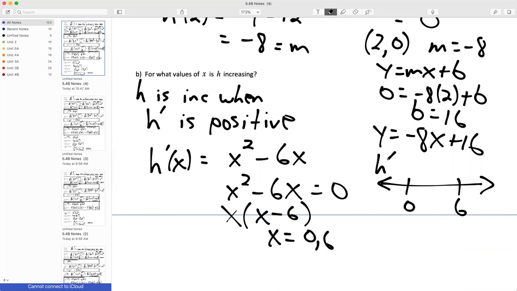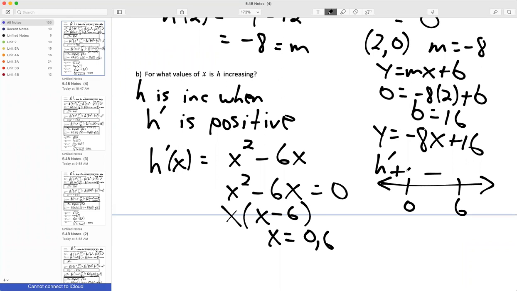So if I plug in 1, for example, all I care about is the sign. I've got 1 times negative 5, which is negative. If I plug in negative 1, I've got negative 1 times negative 7, which is positive.